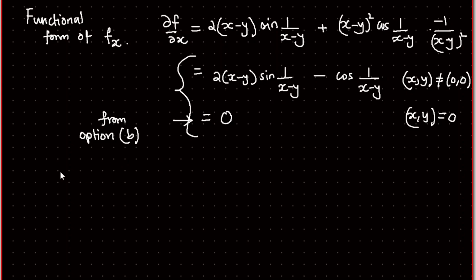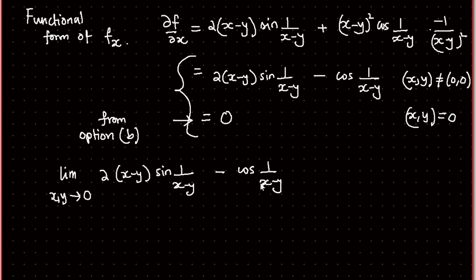So how do we check it? Again, we have to check whether the limit as (x, y) goes to 0 of 2(x minus y) times sine of 1 by (x minus y), minus cosine of 1 by (x minus y), is equal to 0.